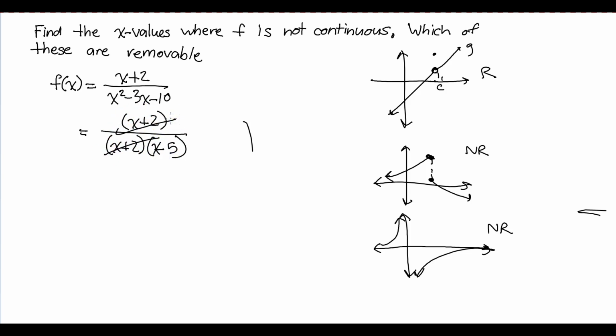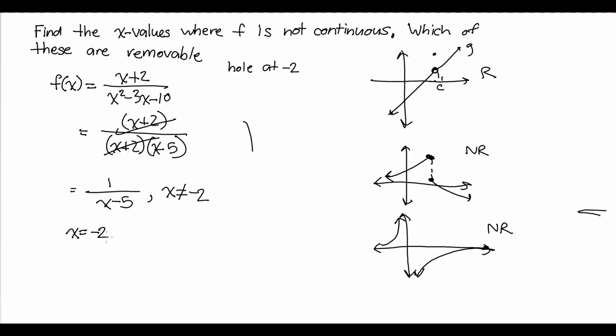Cancel, cancel. So we have 1 over x minus 5. Let's analyze this. Since we canceled x plus 2, we know there'll be a hole at negative 2. So one of our x values is definitely negative 2.